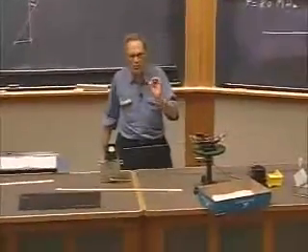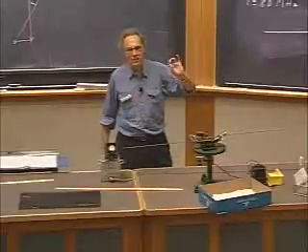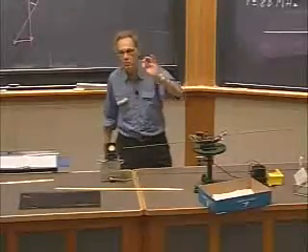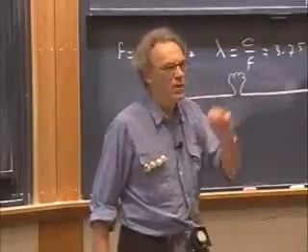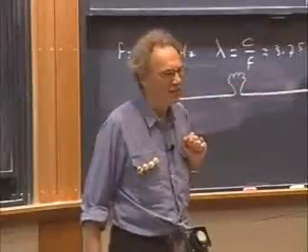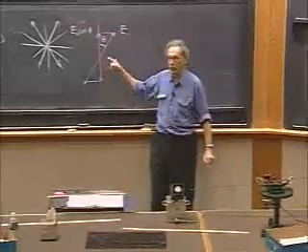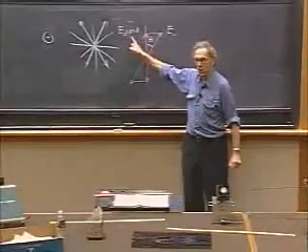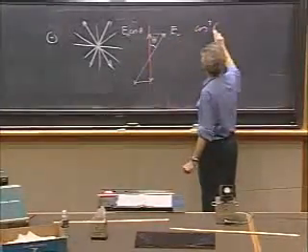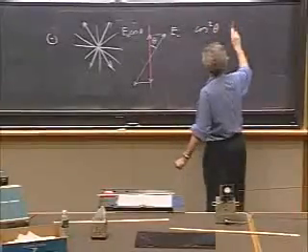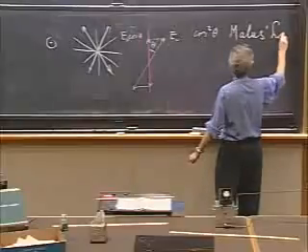You remember from 8.02, the Poynting vector, which is responsible for energy transport, which is proportional to E cross B. But B is proportional to E. So E cross B is always proportional to E squared. And so therefore the light intensity that emerges from this plate is proportional to cosine square theta. And that is the reduction of the light intensity, and that is referred to as Malus's law.